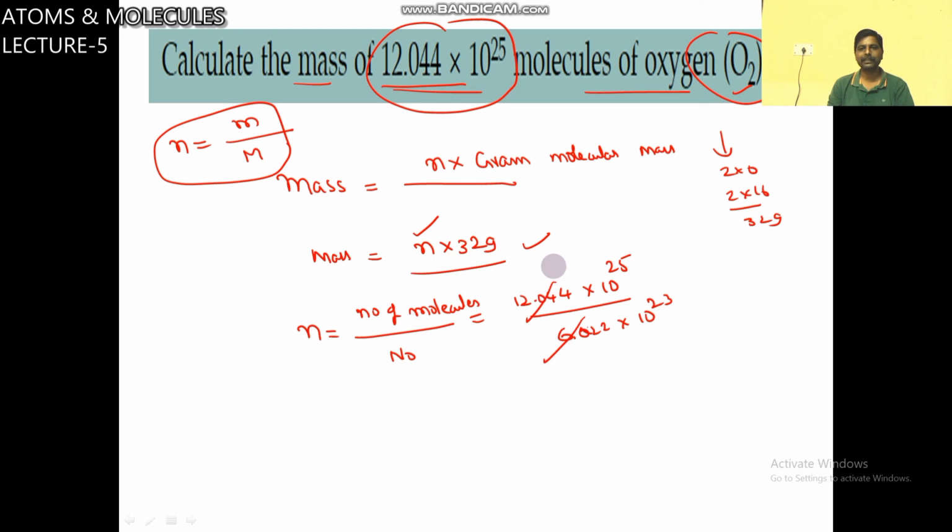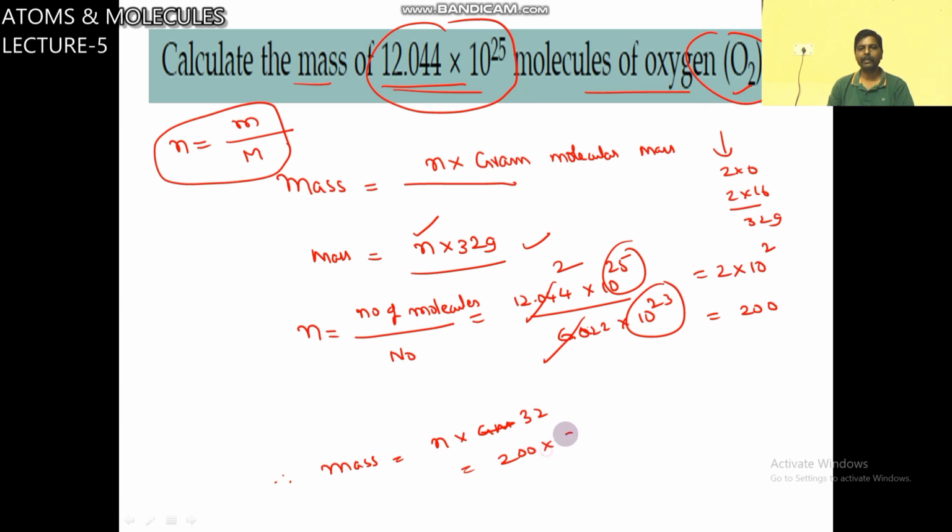Here 2 times, and 25 minus 23 gives 10 squared. 2 into 10 squared means 200 moles. Therefore, mass is equal to number of moles into 32, so 200 into 32 grams. 2 into 32 is 64 plus 2 zeros, so 6400 grams. It is the mass. Next question.